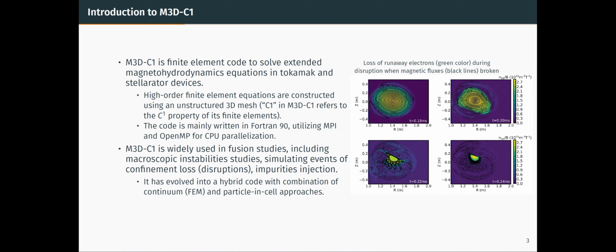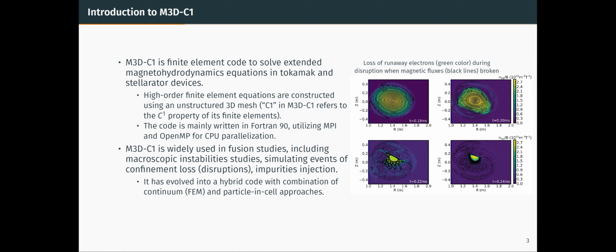M3DC1 is widely used in fusion studies, including macroscopic instabilities and simulation of confinement loss events, also called disruptions, or impurity injections. In the right figure, I showed you an example of our simulation of confinement being lost. The black lines show the magnetic field surfaces that are trying to confine the plasma.